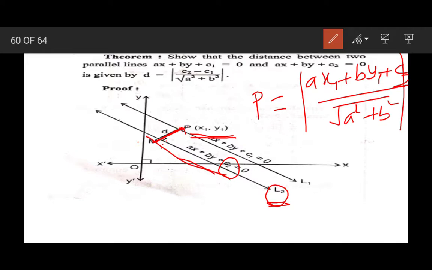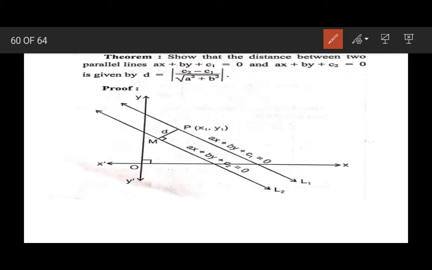So from the previous formula, we get p as mod of Ax1 plus By1 plus C2 upon root of A square plus B square.